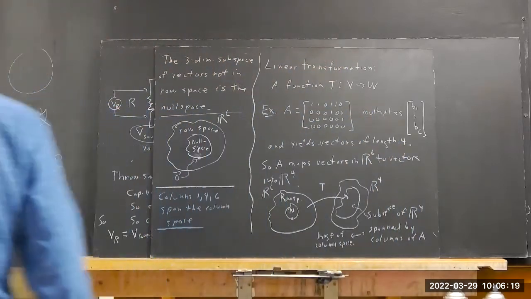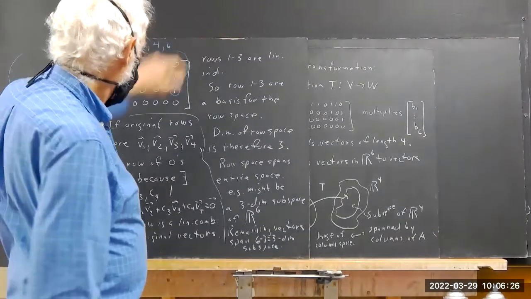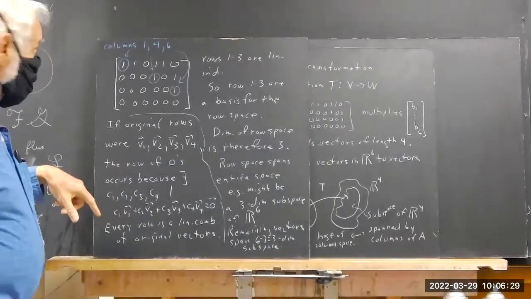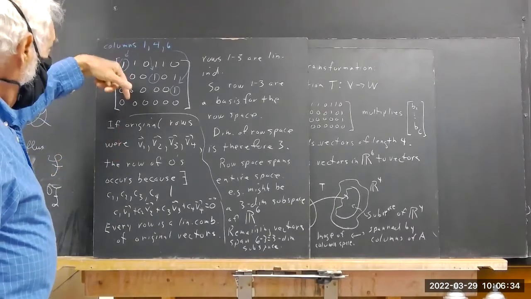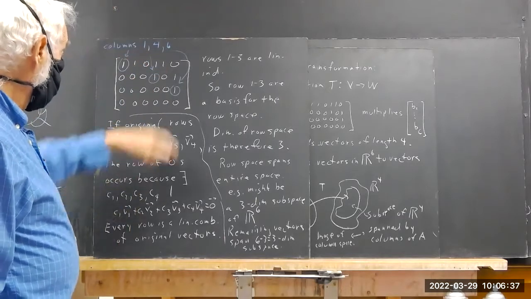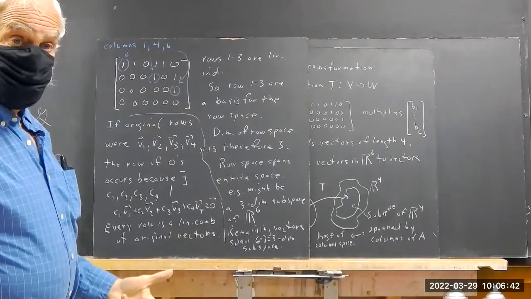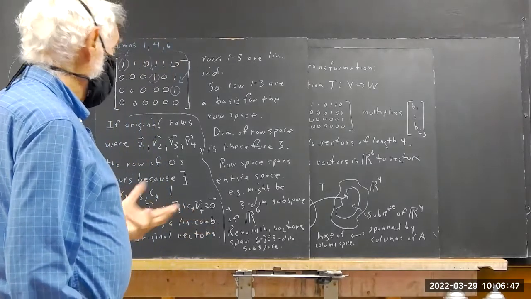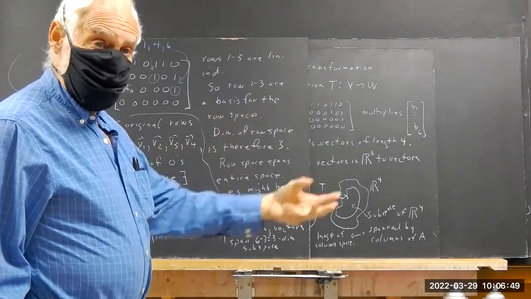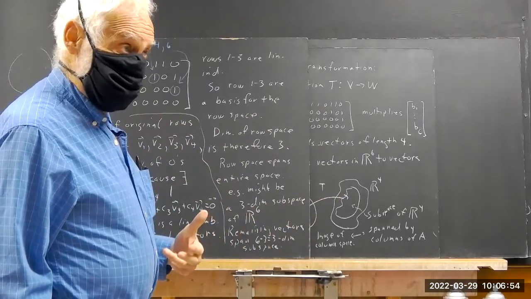Now, let's take a look at our original matrix again. Remember, if this is your matrix, then the columns are 1 0 0 0, 1 1 0 0, 0 1 1 0, right? Okay, those are linearly independent vectors. And there are three of them. So they span a subspace of dimension 3.